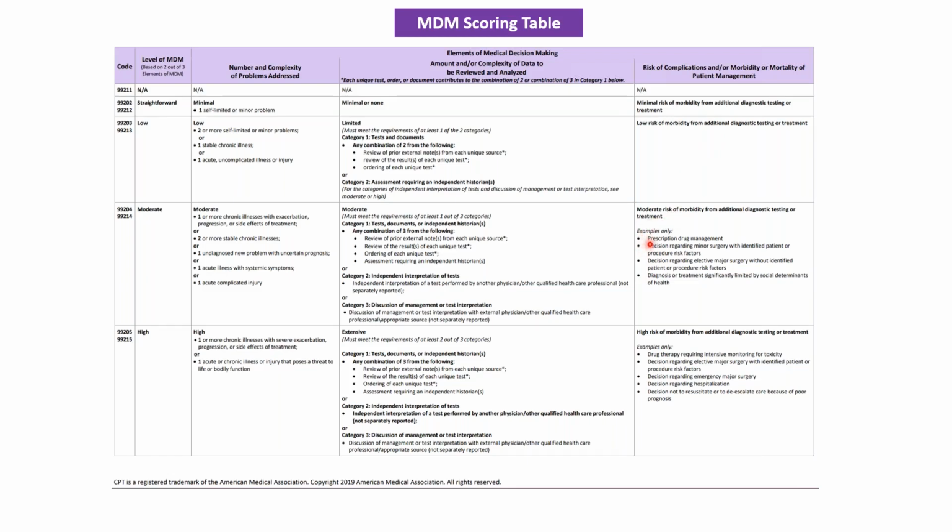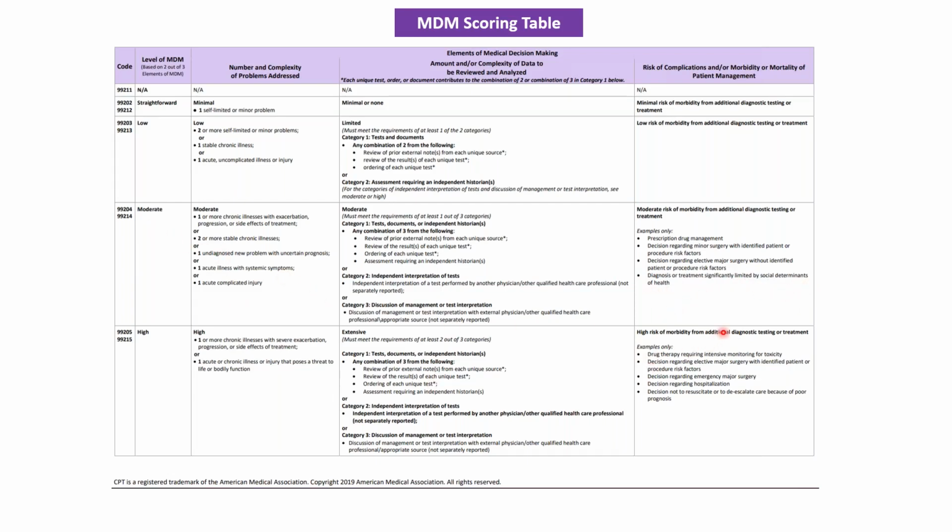If that provider had carried out prescription drug management, if the provider wrote a prescription, it's automatic moderate risk. If the decision regarding minor surgery took place, automatically it's moderate. If major surgery took place, moderate. Diagnosis or treatment significantly limited by social determinants of health, moderate.